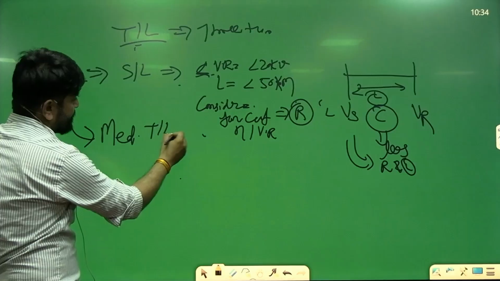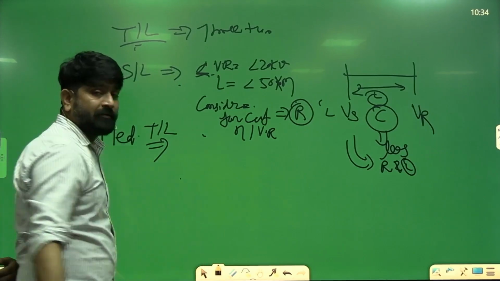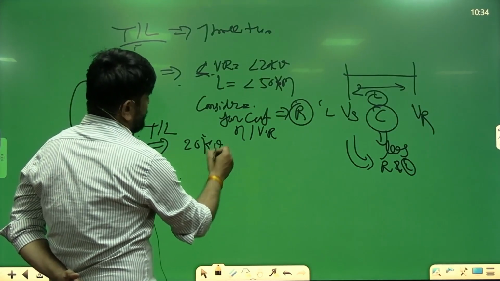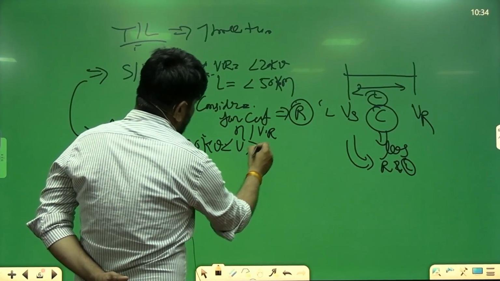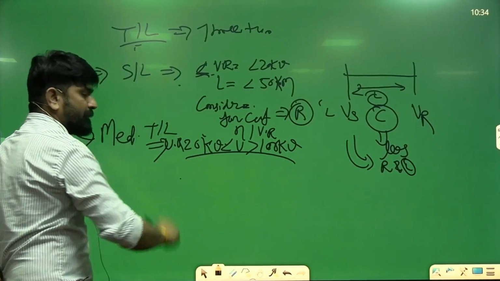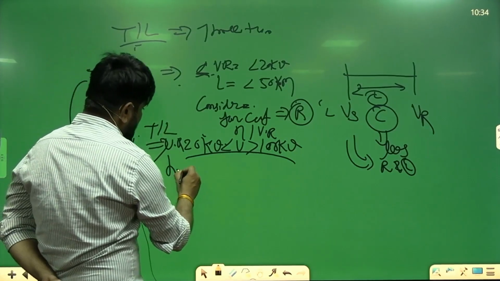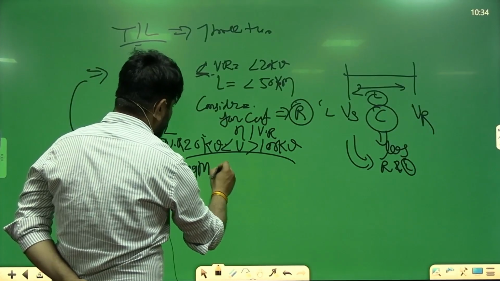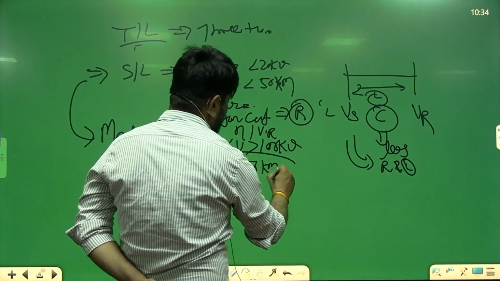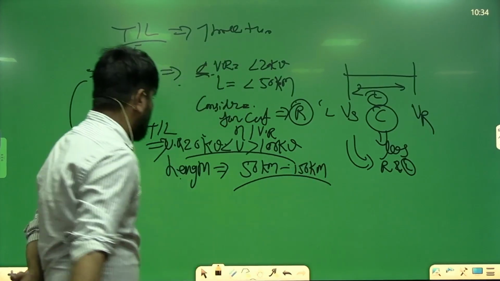What is a medium transmission line? It is one where the voltage rating is 20 kV to 100 kV, and the length of the transmission line is 50 kilometers to 150 kilometers.